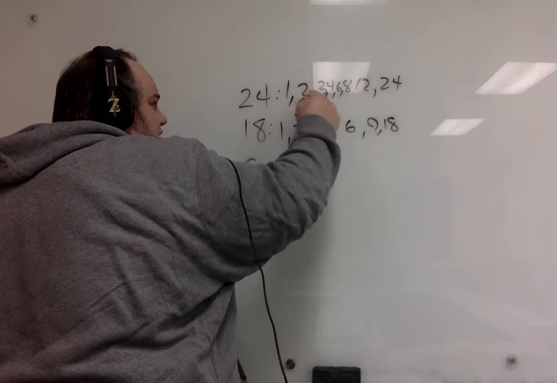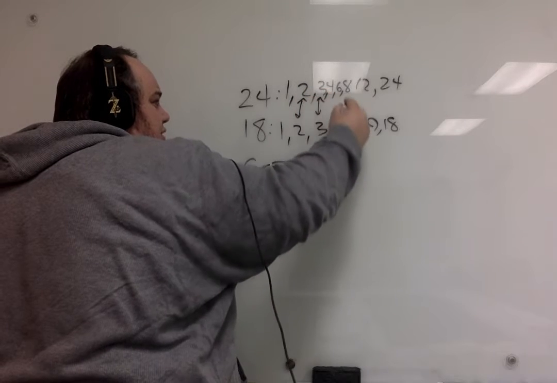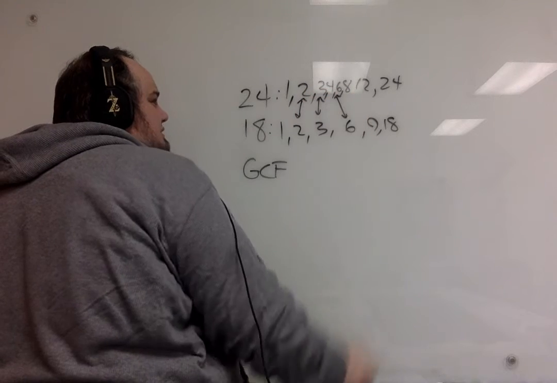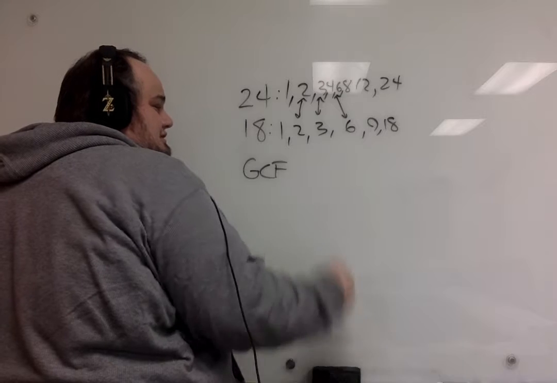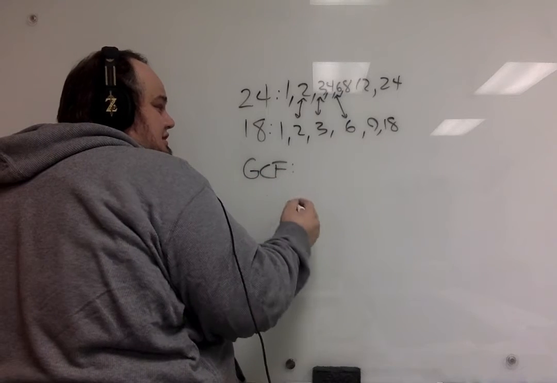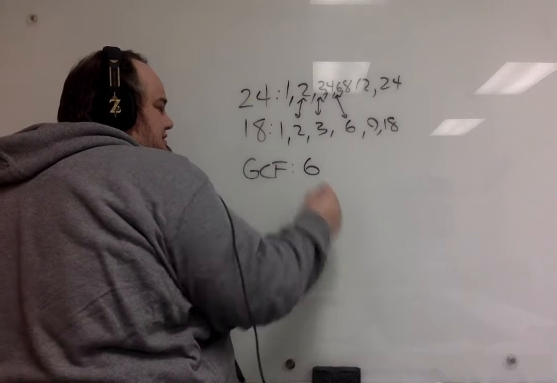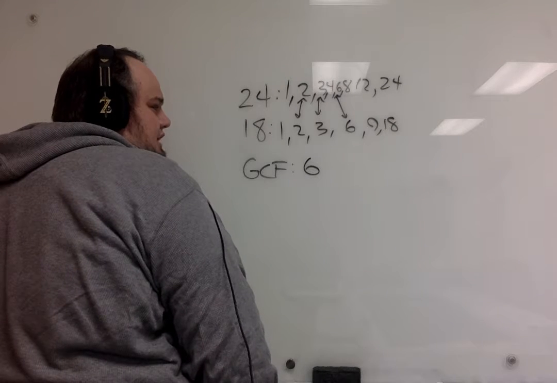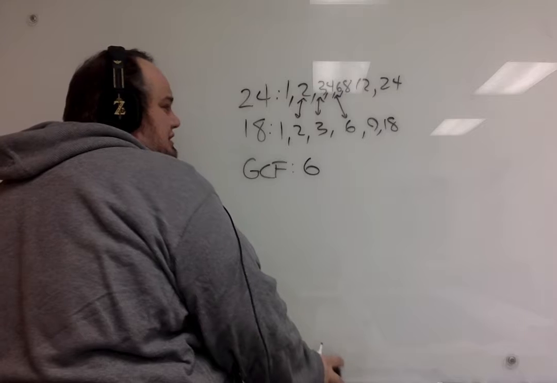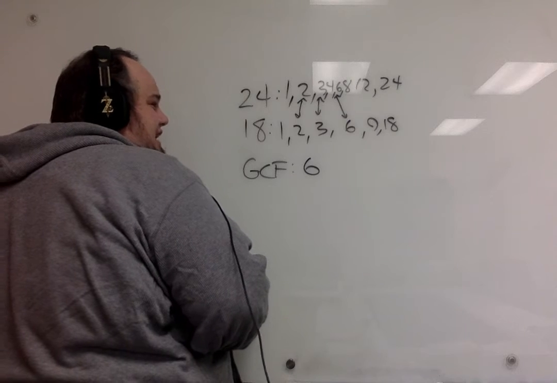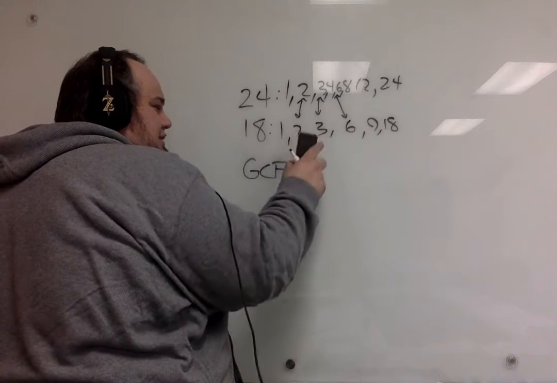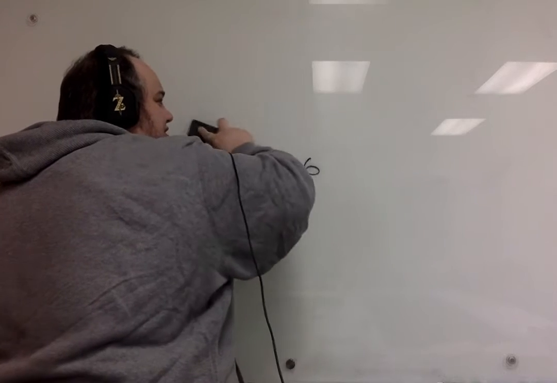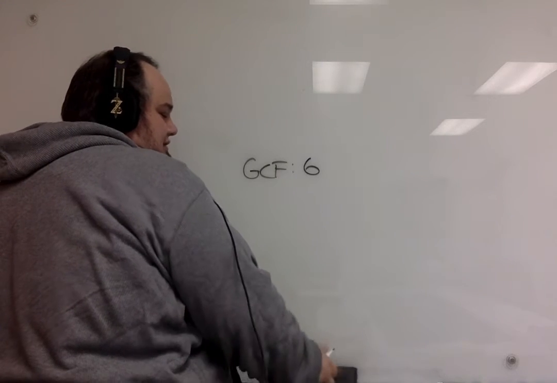So 2's in common, 3's are in common, 6's are in common, and that's it. So which is the greatest one of those that they have in common? 6. So that's kind of what we're working with here, is we're breaking stuff into factors. It's a little bit different than this, but the greatest common factor does come into play.